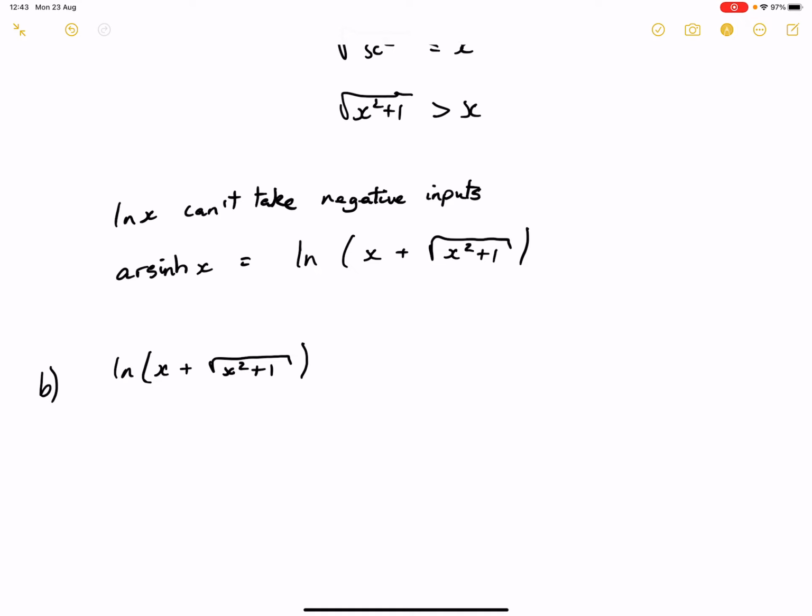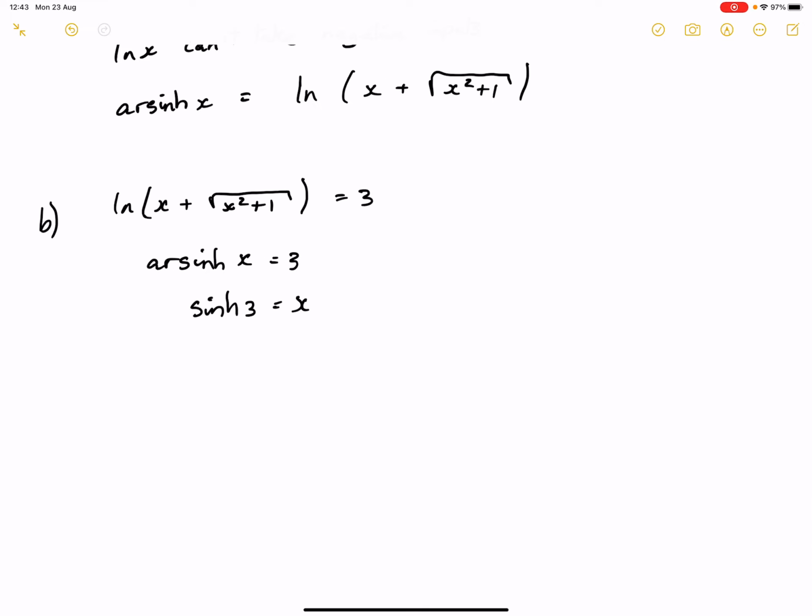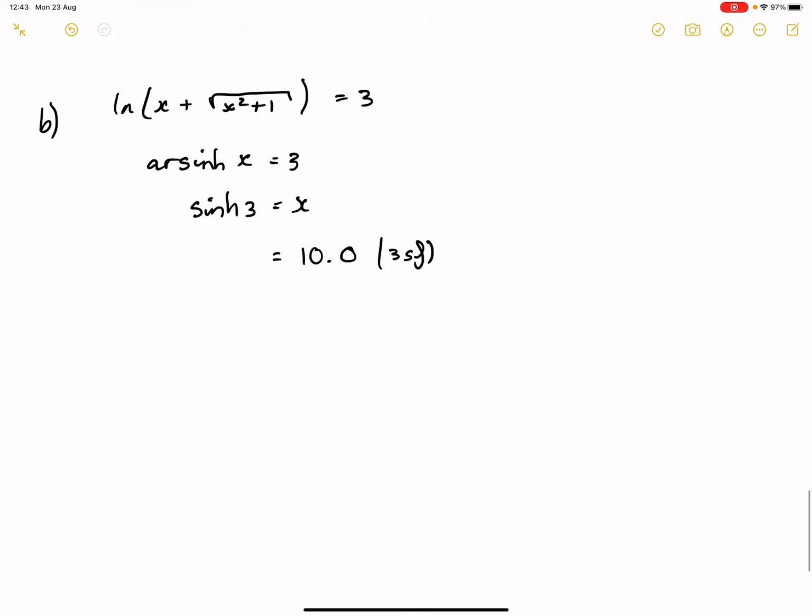So now that's really r sinh x is equal to 3, and that means that sinh 3 is equal to x. If you type that in your calculator, you will get that that is equal to roughly 10.0 to 3 significant figures. Next question.